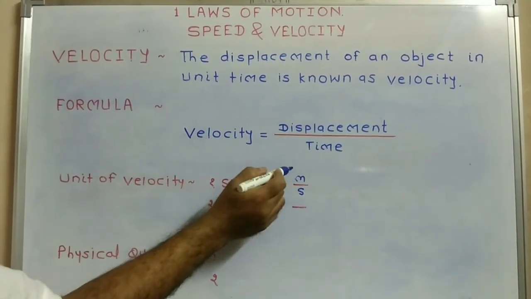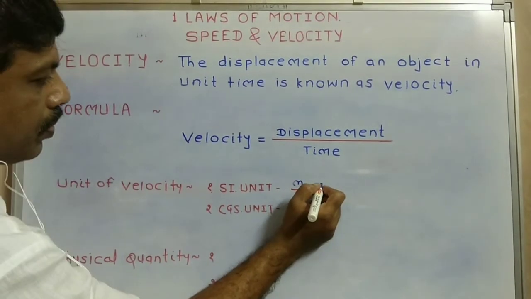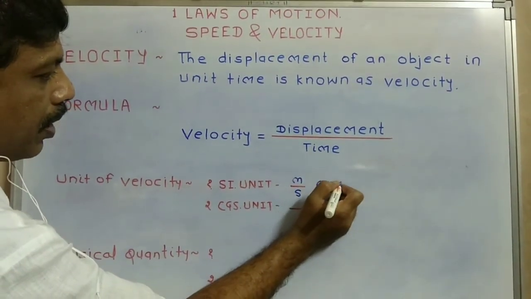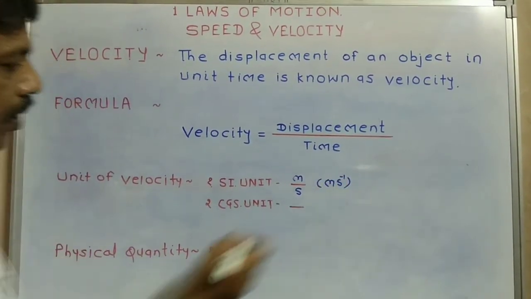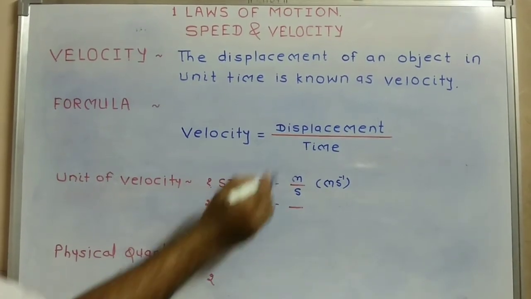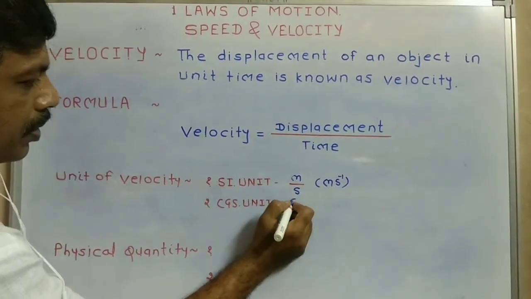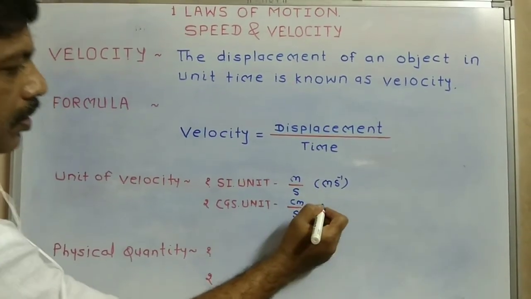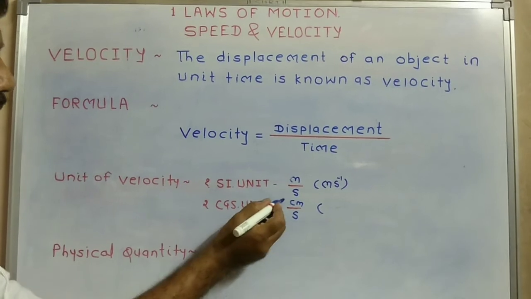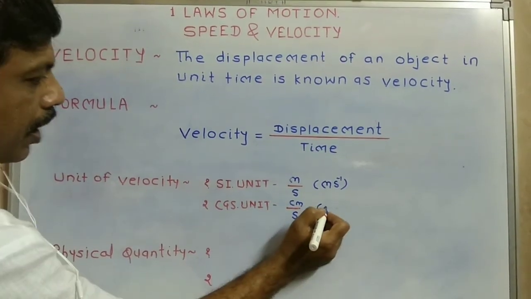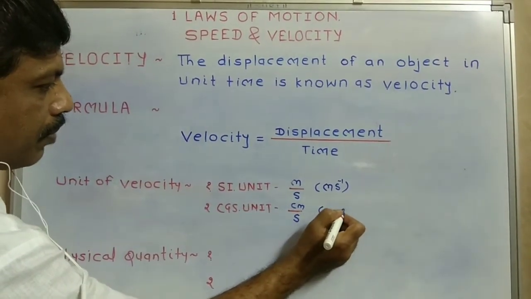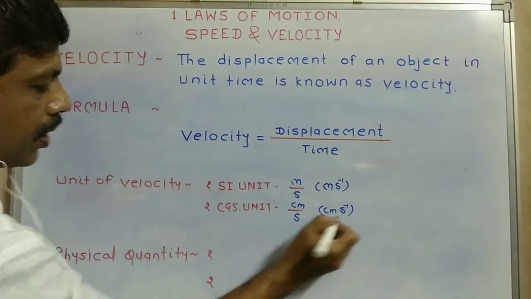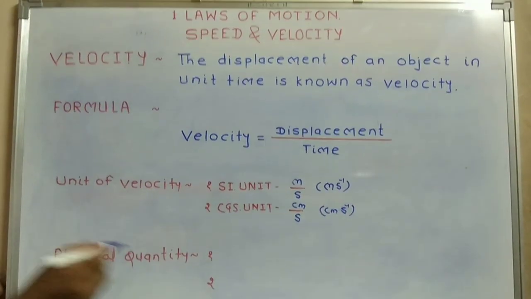Therefore, the SI unit of velocity will be meter per second, also written as m/s. In CGS unit, displacement is measured in centimeter and time in second. Therefore, the CGS unit will be centimeter per second, also written as cm/s.